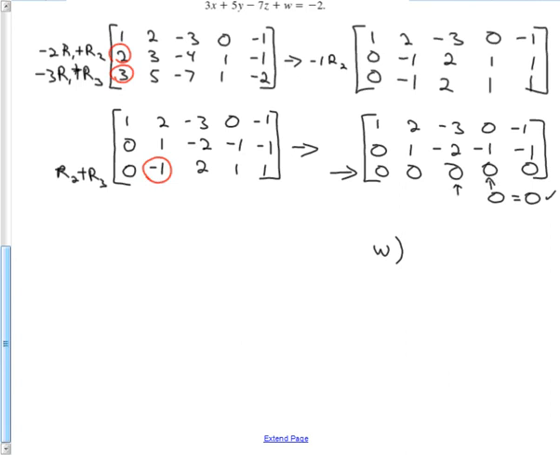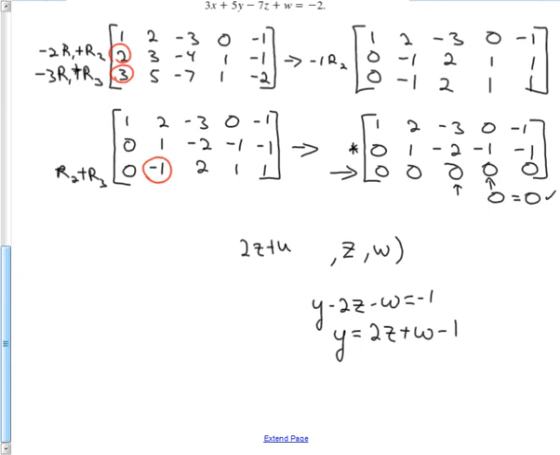We don't know Z, and now we can start with this row and get Y in terms of Z and W. So that second row, 1Y minus 2Z minus a W equals a negative 1, so Y must equal 2Z plus W minus 1.